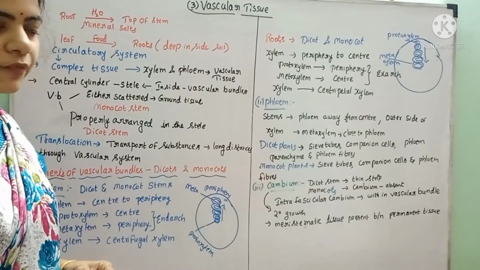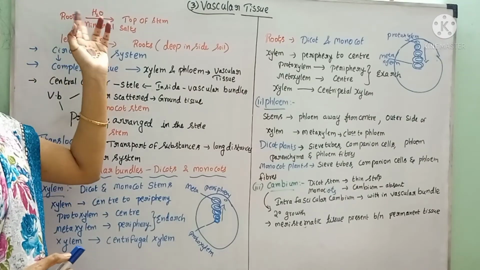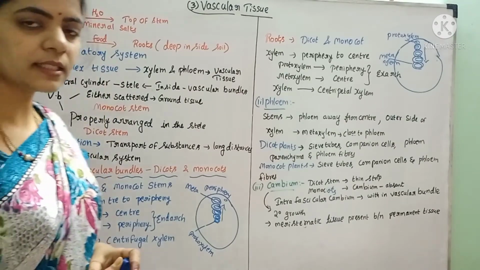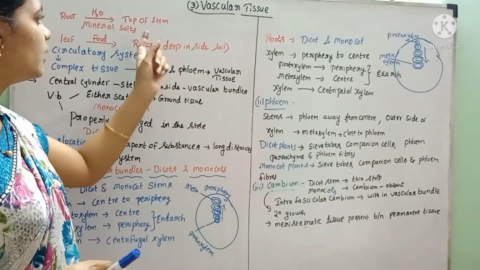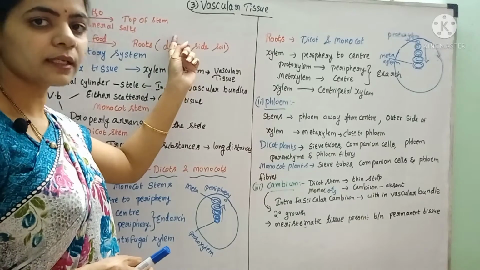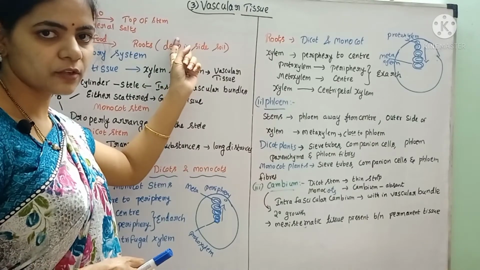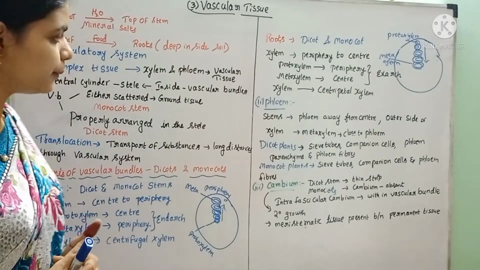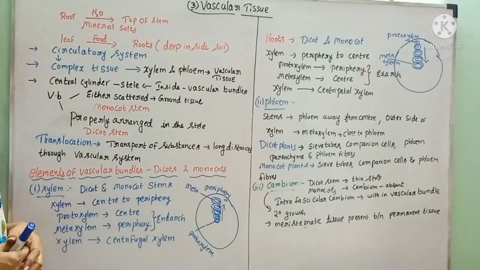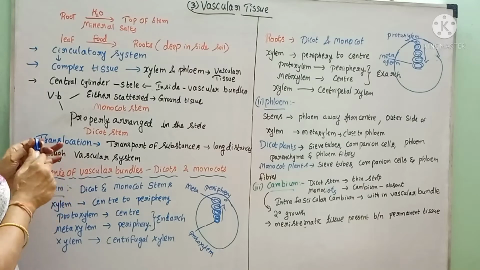So what are the functions of the xylem? The function of the xylem is that it carries water and mineral salts from the roots to the top of the stem. The plant may be tall, of course, but the water from the deep roots will reach the top of the stem by means of xylem.